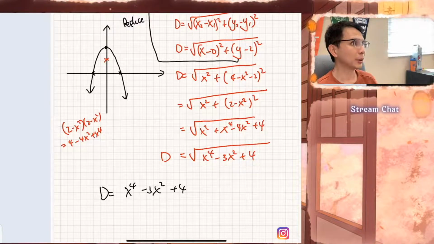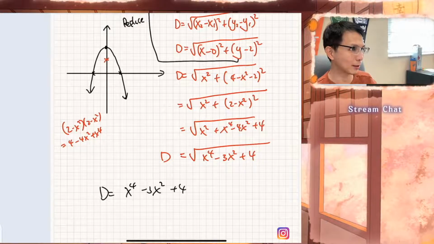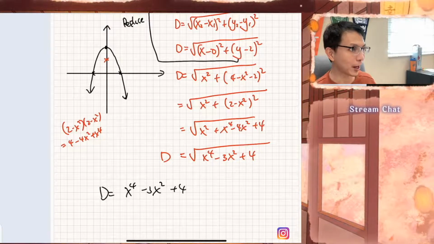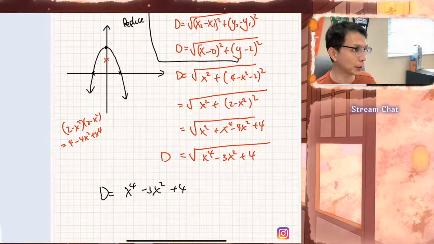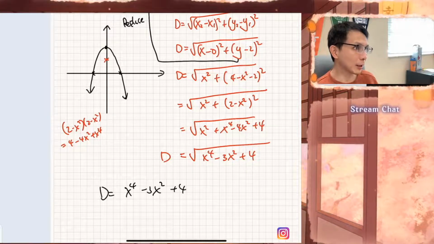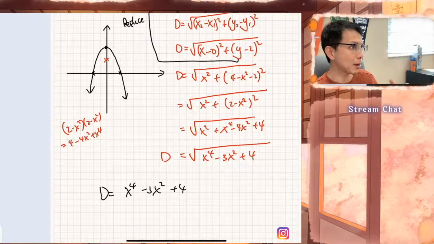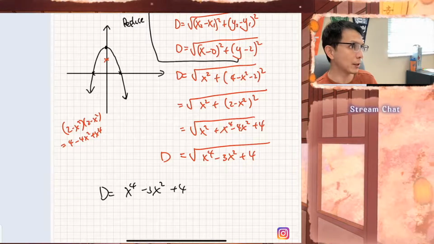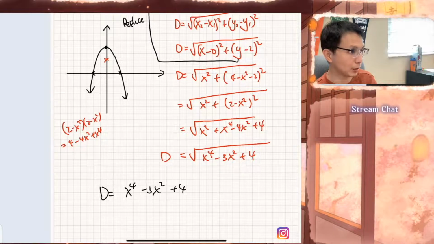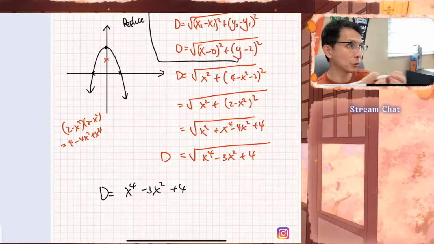Now, you're going to be like, whoa, what did he just do? He just did some math wizardry and got rid of the square root sign because he felt like it. But it's not that I felt like it. The reason is I'm only interested in the inside material, because whatever is inside, it doesn't matter if I take the square root or not.